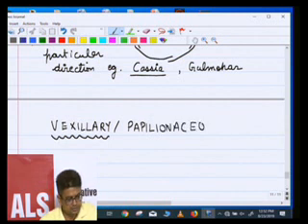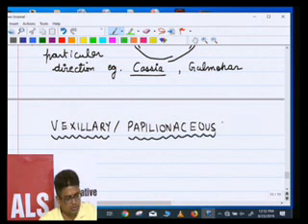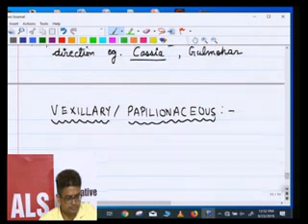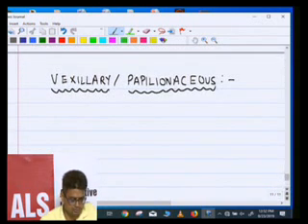It is seen in the case of corolla only. It has not been seen in the case of calyx. It's only in the case of corolla.